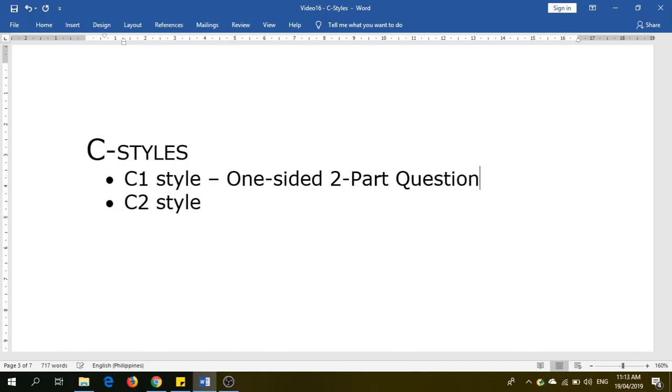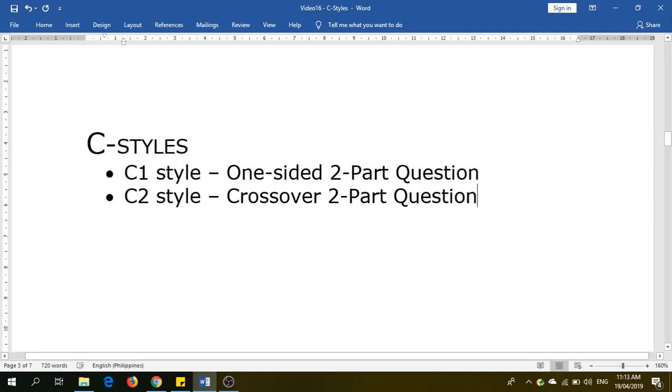Of course, since it's one-sided, we can implement the A1 or the A2 styles. And then the C2 style is what we call the crossover two-part question prompts. Since it's a two-part question and a crossover, the choices are either the A2 style, B1, B2, or the B3 styles.